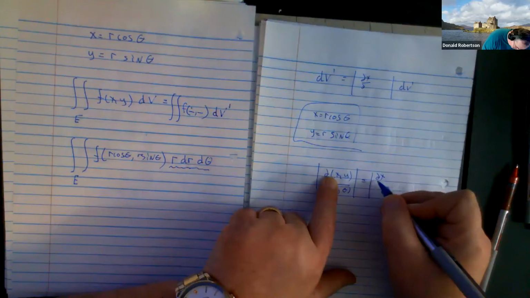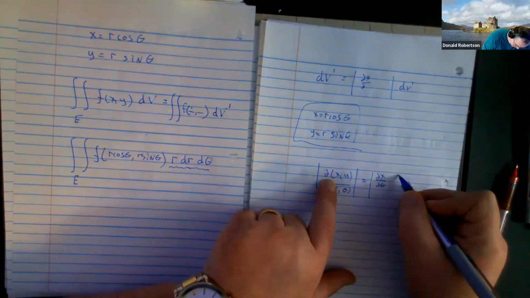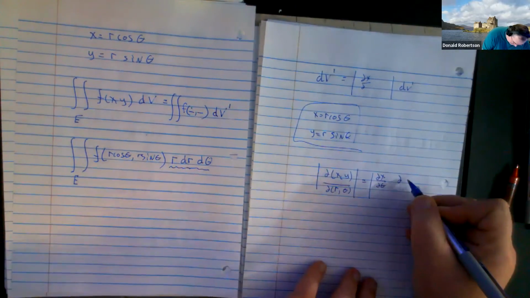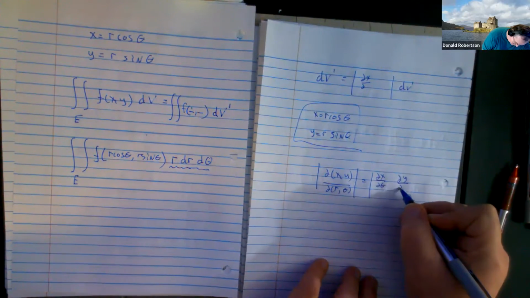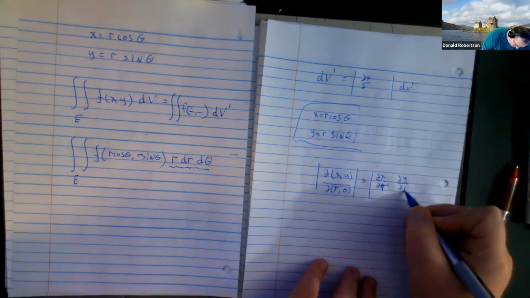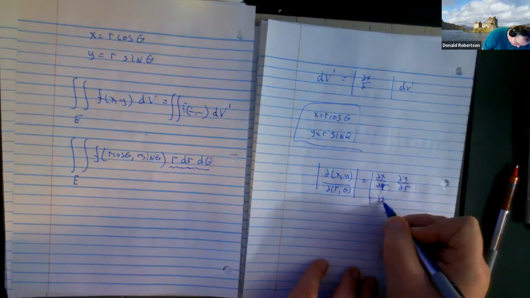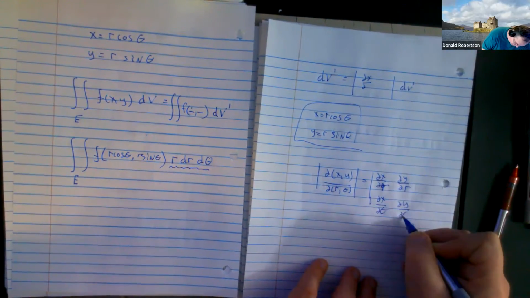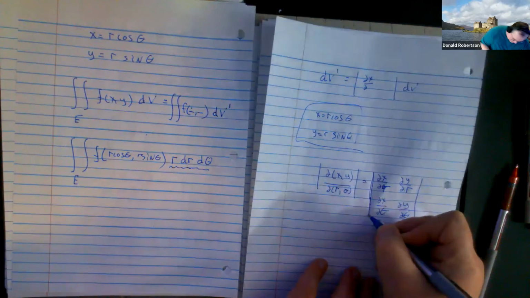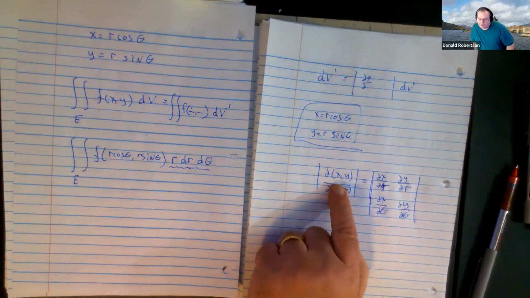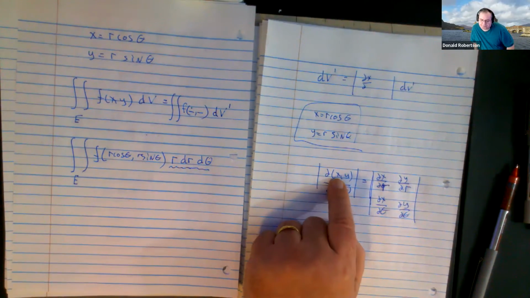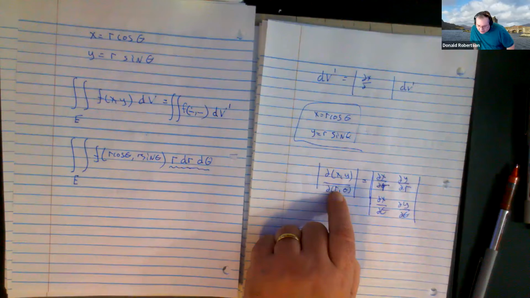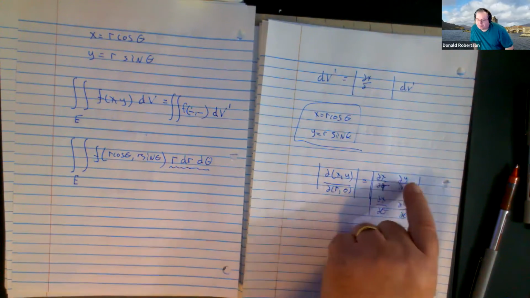You go dx, d theta, dy, then you do dx by d theta, dy by d theta. The Jacobian is like a partial derivative with two different variables, and you do every permutation.